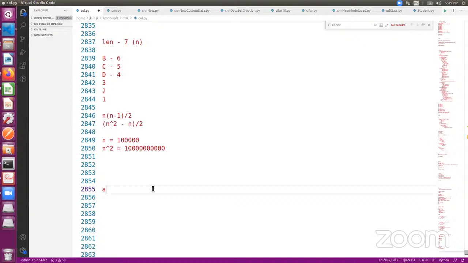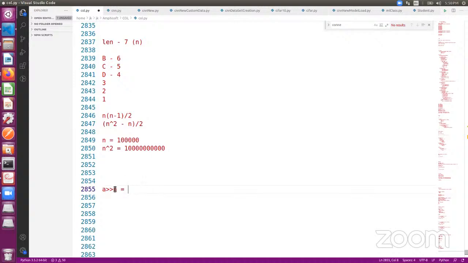What is the equivalent operation for A right shift n? 1 by 2 power n.